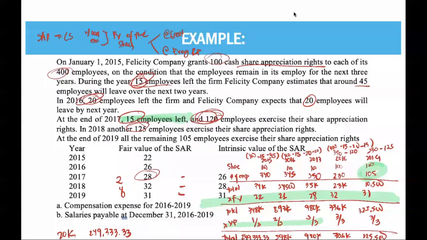Probably I'll just check until 2018. Hindi. At the end, oh yeah, till 2017 lang. Because magkakamali na kayo by the end of 2018 because you will not get the same amount due to the 105 employees na hindi mag-equal dun sa ending na 120 because of the 15 employees na nawawala.